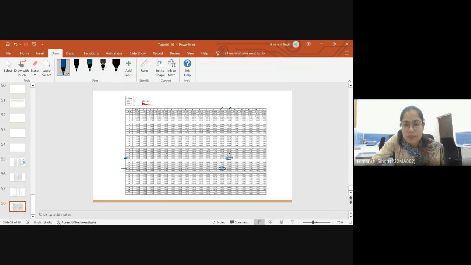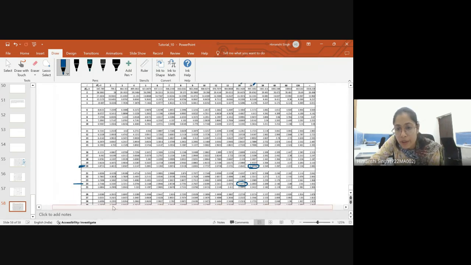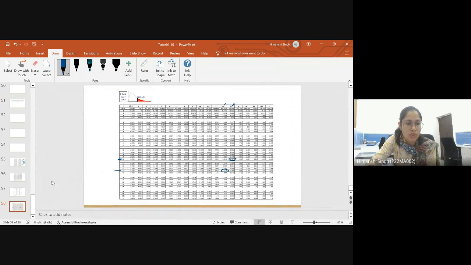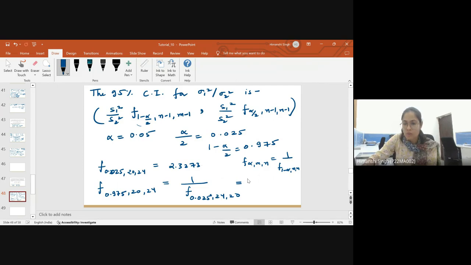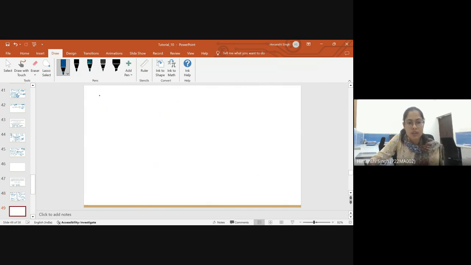The corresponding value will be this: 2.4076. So this will be 1 upon 2.4076. If I divide 1 by it, then we will have F of 0.975 with 24 comma 20.